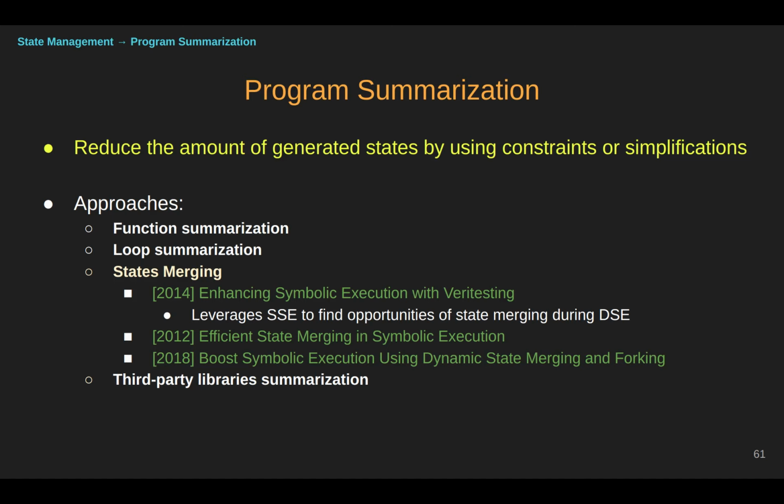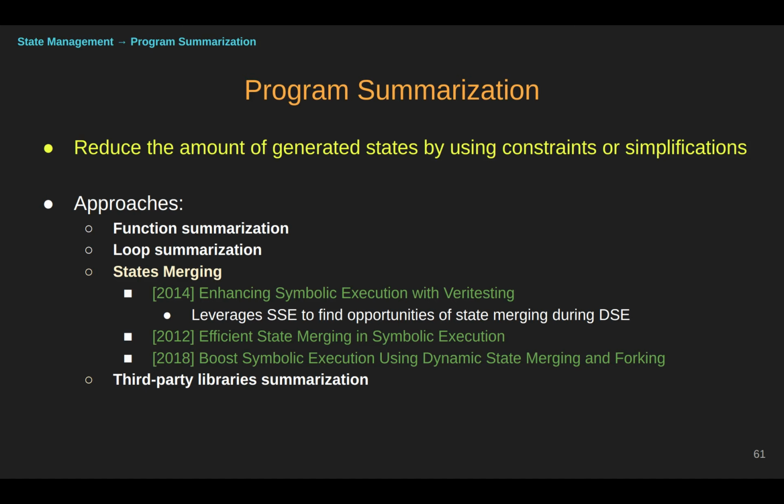So yeah, there's also some related work on that. I won't go through much detail on this. There's a support slide on that. But yeah, there's one paper that leverages static symbolic execution to find opportunities of state merging during dynamic symbolic execution. So it does concolic execution until it finds that it is, let's say, stuck or it has a lot of states.